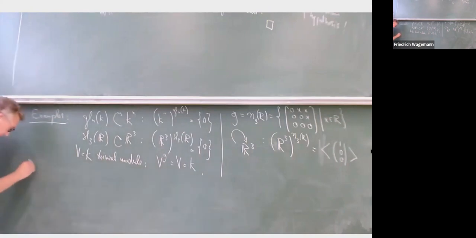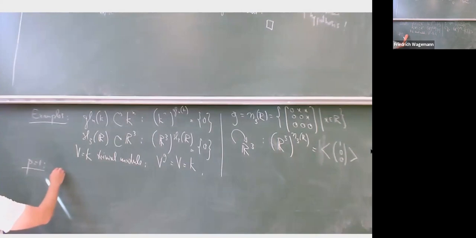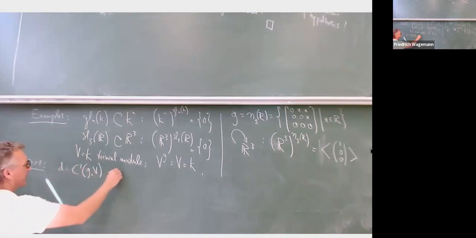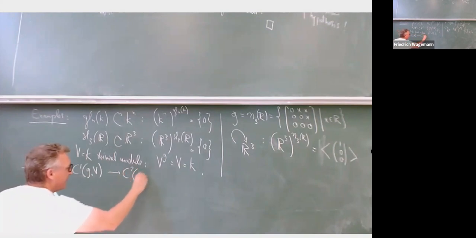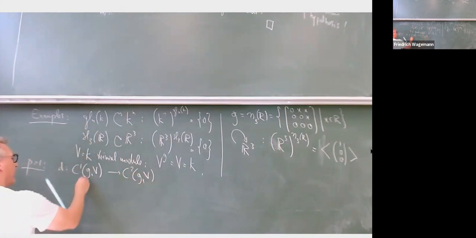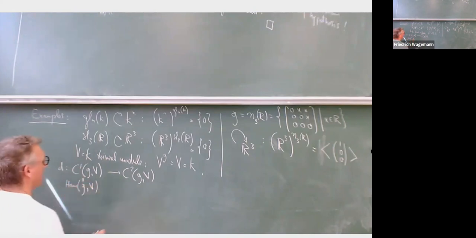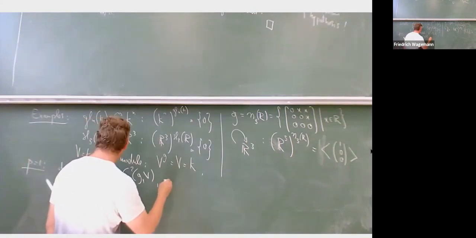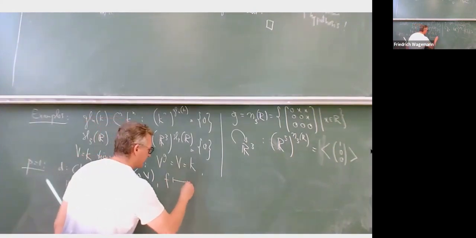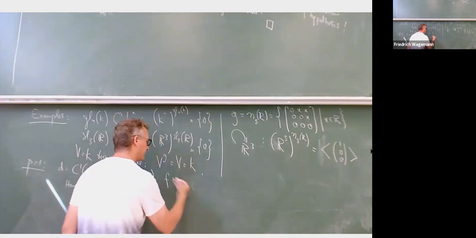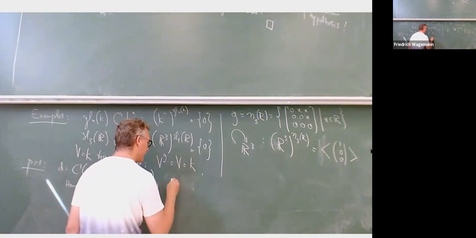Then let me come to p equal to 1. So we have d from C1 of g, V going to C2 of g, V. And this is just a Hom(g, V) and sends a map f to the map df.